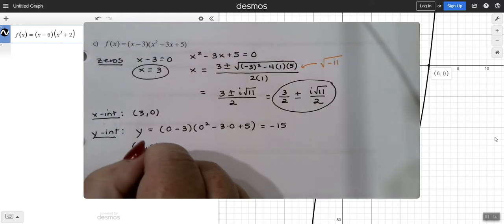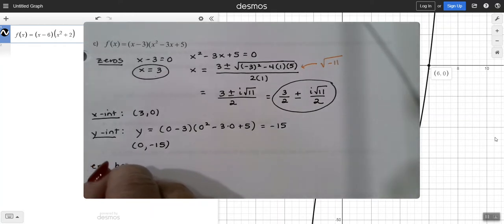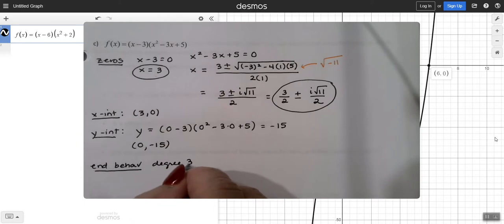My y-intercept is (0, negative 15). I know I was getting a little repetitive because we're using the same degree every time. Sorry about that. Once again, we're at degree 3. So it's like y equals x cubed, meaning down to the left and up to the right.